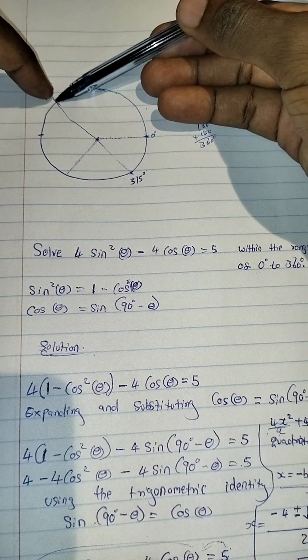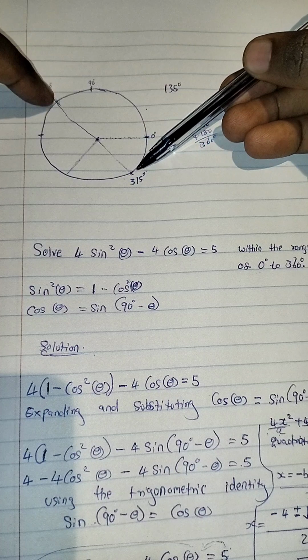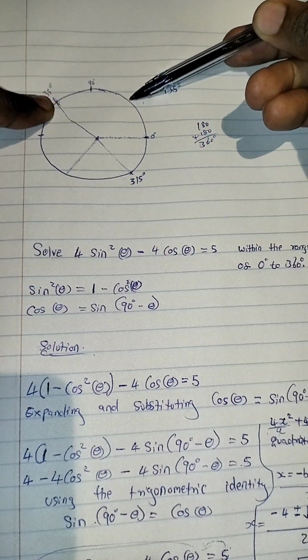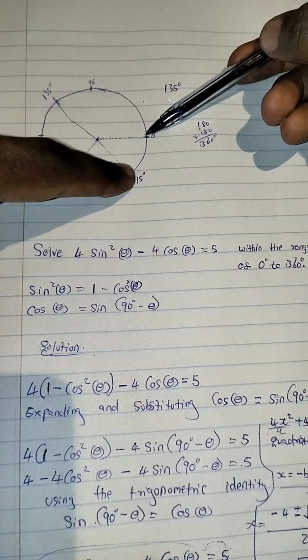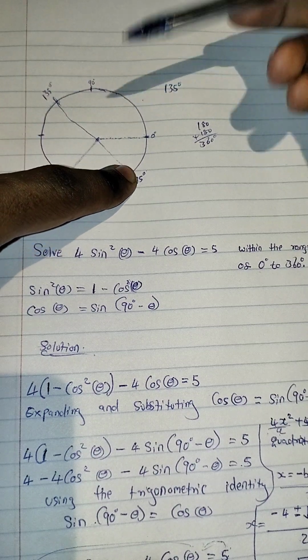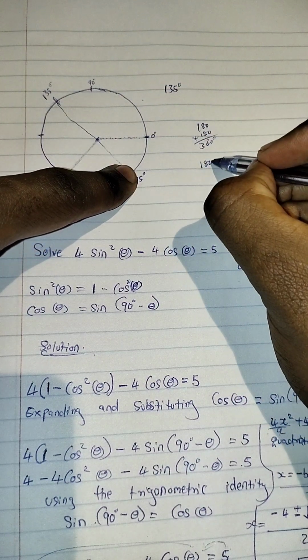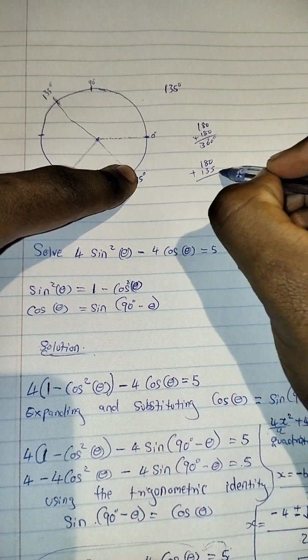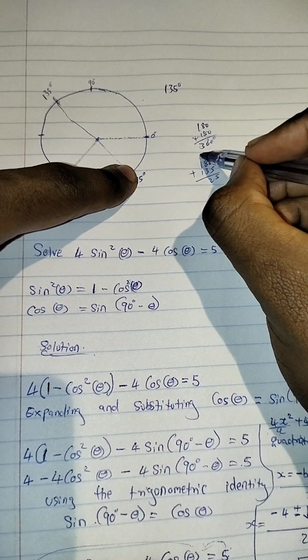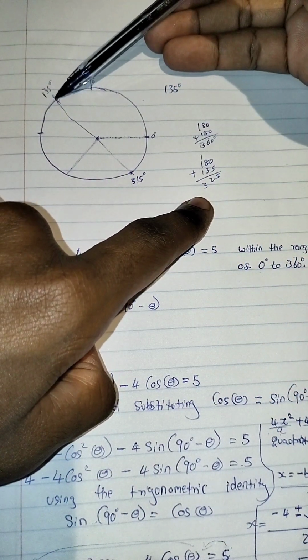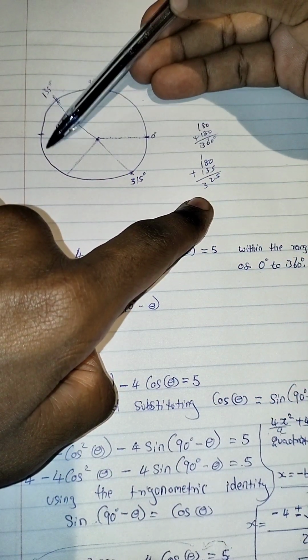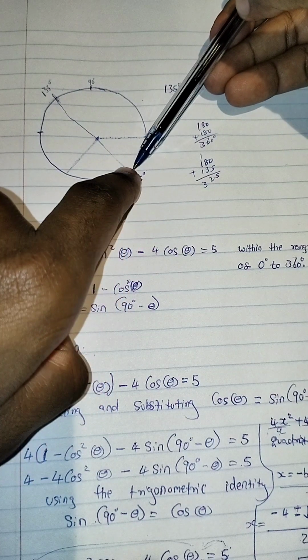So I'll have to move my first move, which will be the completion of 300. So it will be reaching somewhere here. That's my 180 plus, so let's say 180 plus 135. That would not go from here. That would go from here to 180, then I have to add just a little bit.